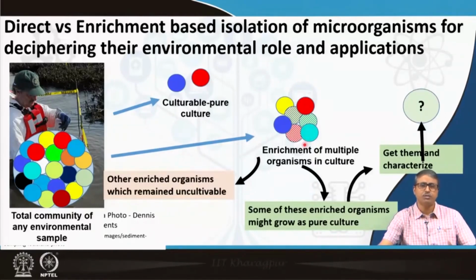Now, it is also obvious that some organisms out of this enrichment culture will remain uncultivable. They will not respond; as I was mentioning, some of them could be grown in pure culture, but others may not grow as pure culture. So, they remain uncultivable. We do not know about this, because as we try to plate this inoculum on agar medium, we will be getting in most cases a few colonies, but we do not know whether others are there.